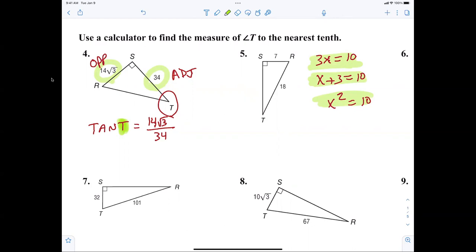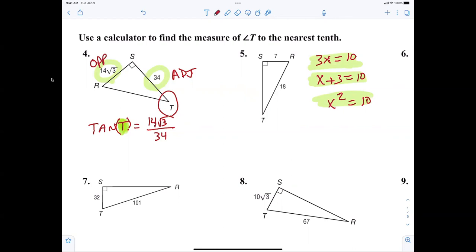It's not multiplication. This is the tangent, and this is kind of in parentheses, but we don't write it in parentheses. It's understood to be there. It's not tangent times T. It's tangent of T. So I want everybody to look at the tangent button on the calculator. What's right above that? What do you think tangent -1 actually means?